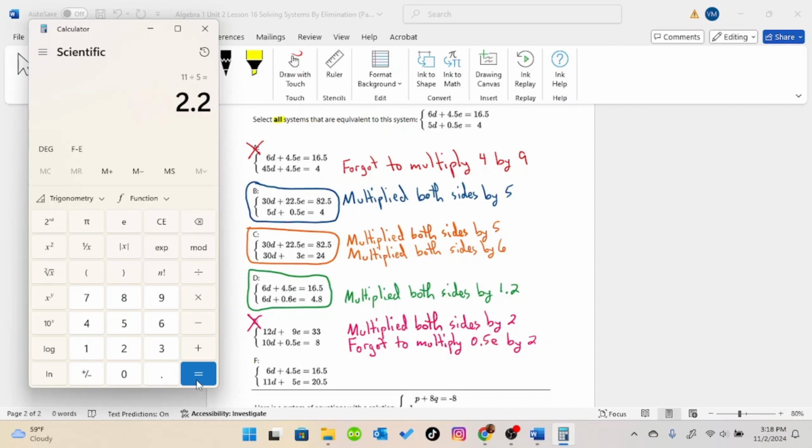And they went from 4 to 20.5, which can be done by multiplying by 5.125. So they didn't multiply everything together.